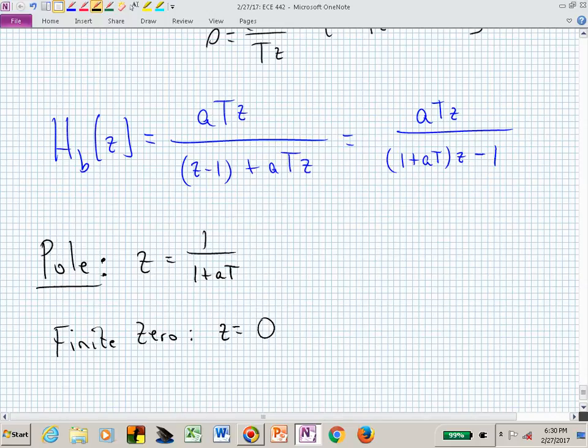What about the DC gain? h sub b of z with z equal to 1, what's that end up being?